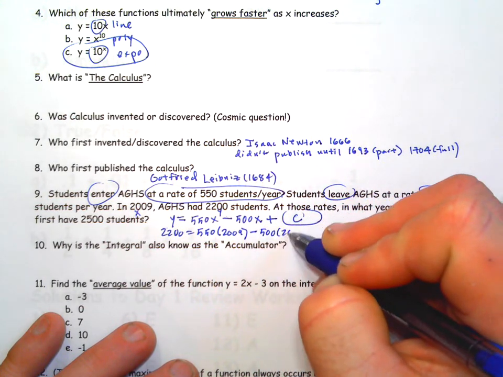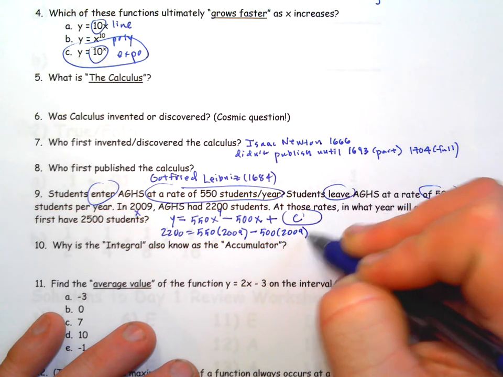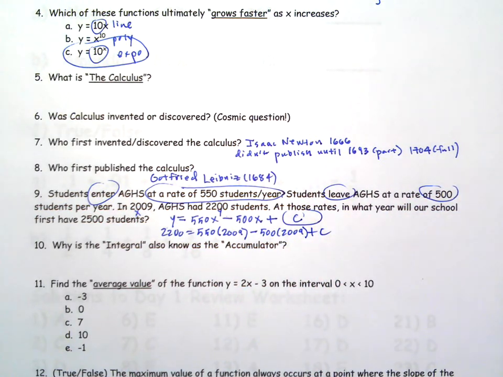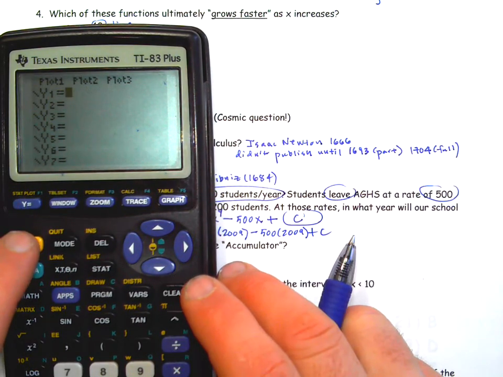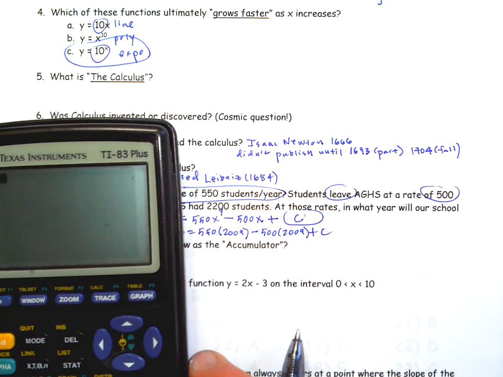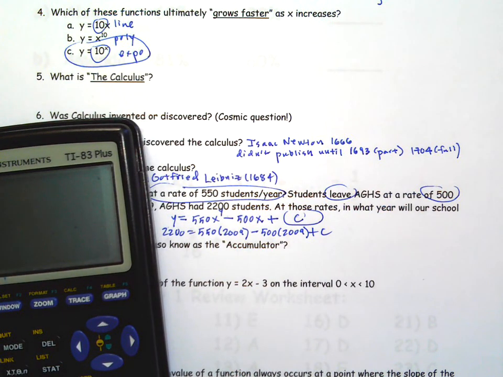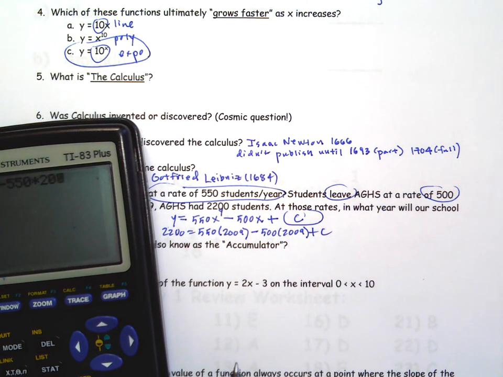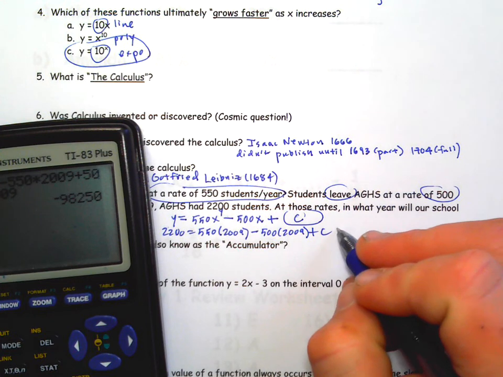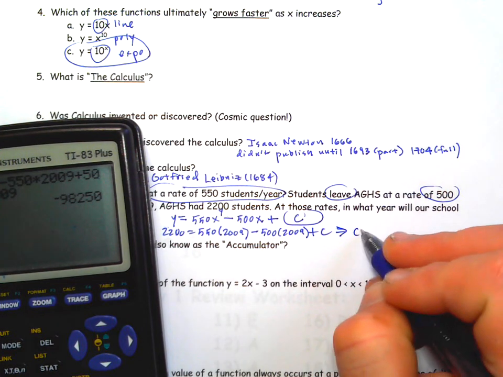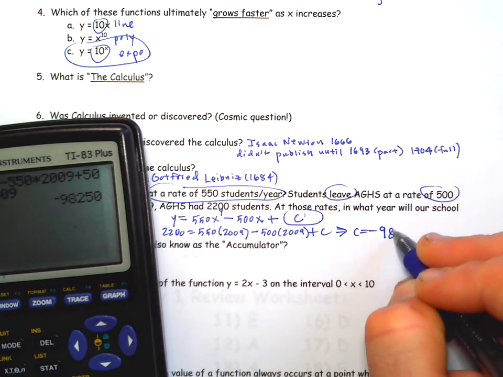This is one way to do it. It's going to be some big numbers here. I think I did it differently before, but why not, let's just use a calculator. So 2,200 minus 550 times 2009 plus 500 times 2009 equals, so that means that C equals negative 98,250.